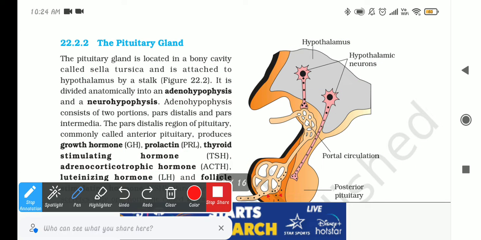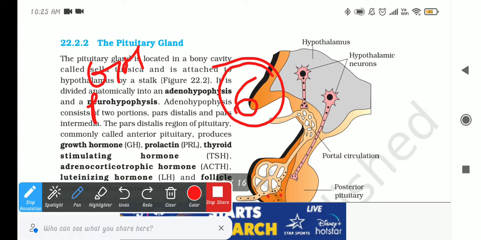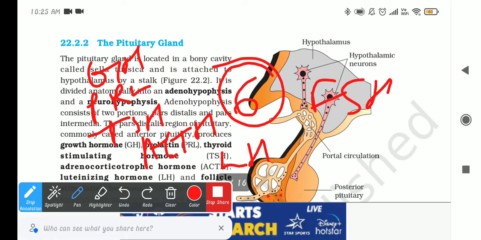Through pars distalis 6 hormones are secreted: GH, growth hormone, PRL, prolactin, TSH, thyroid stimulating hormone, ACTH, adrenocorticotropic hormone, LH, luteinizing hormone, and FSH, follicle stimulating hormone.